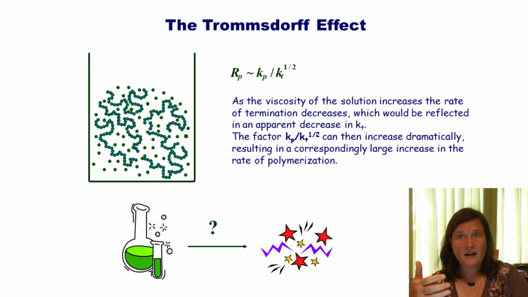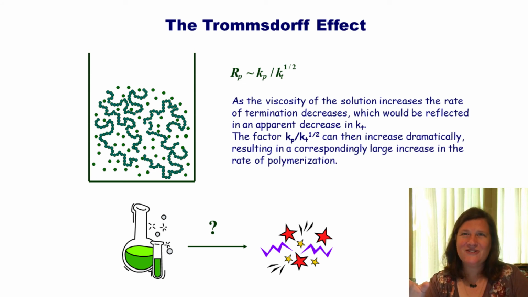So as the viscosity of the reaction mixture goes up, the diffusion of the polymers goes down, but the diffusion of the monomer doesn't really change because the monomers are tiny and they can diffuse in and around the polymer chains, no problem. So the rate of propagation doesn't change. The rate constant for propagation doesn't change. But what happens to the rate constant for termination as the viscosity goes up and diffusion slows down for the chains?